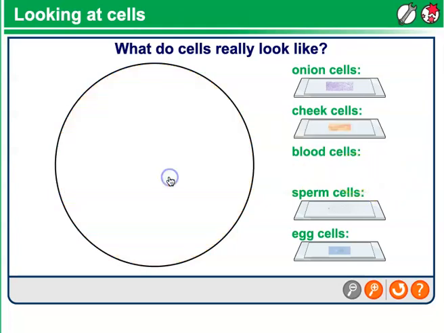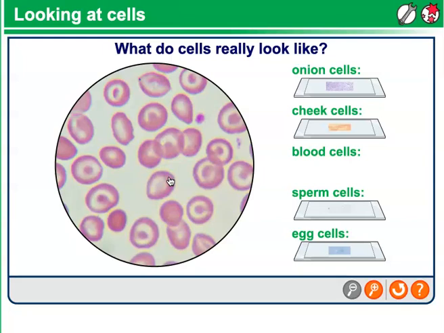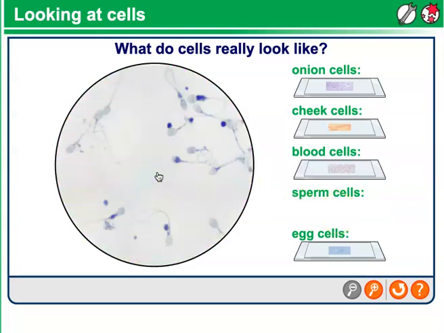How about blood cells? Blood cells would be circular. The exterior structure we would see being the membrane. The central part here is not a nucleus because our red blood cells do not have nuclei. Rather, it's a divot on the inside of the cell showing its shape. What about sperm cells? These cells have a head followed by a tail or a flagella used for movement.